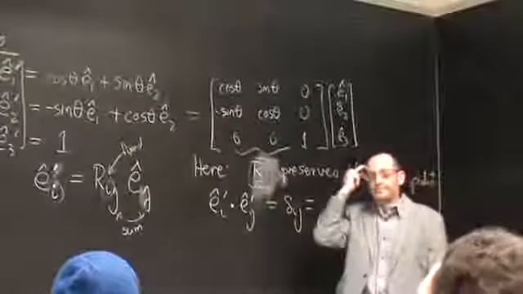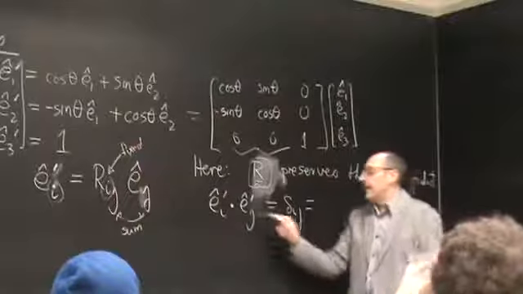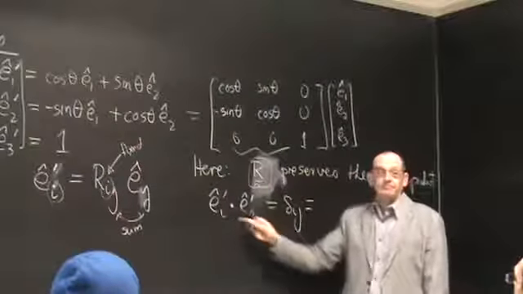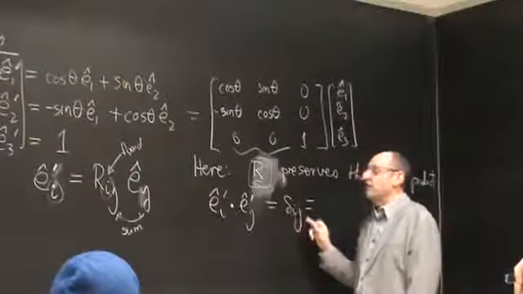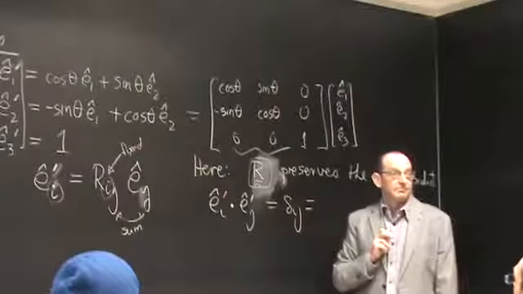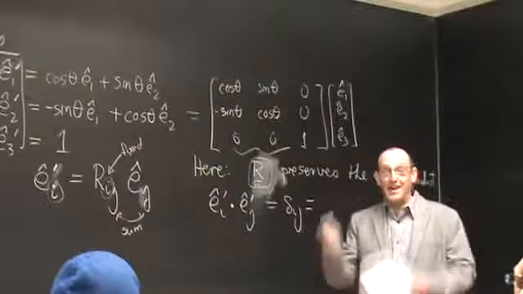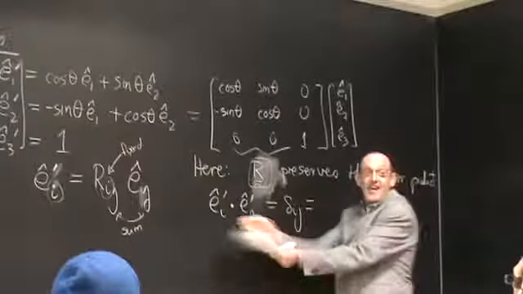So I've got I and J. I and J are fixed indices. I can't use those letters again because they're fixed.